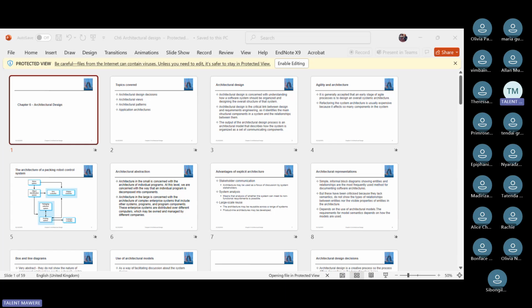When you are coming up with an architecture, there are some decisions that you need to first make before selecting the particular architecture that you want to use. So we are going to be discussing that, and we'll discuss the different views.